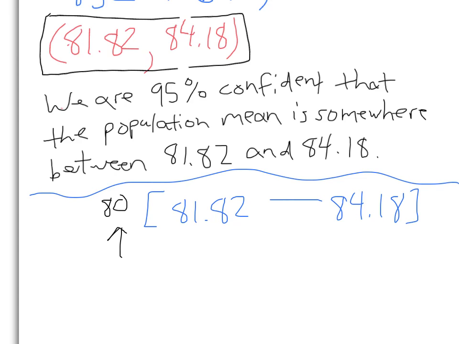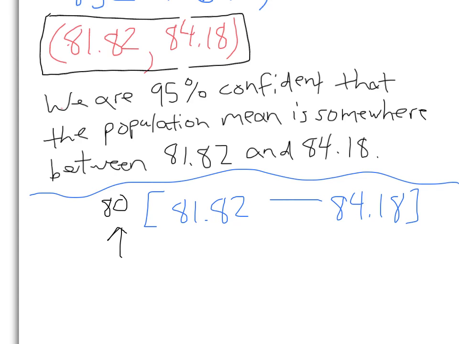And the cool thing about it is if we use the confidence interval, not only do we know it's not 80, we also know what side of 80 it's on. We know it's greater than 80 because the lowest it could be is 81.82. If we just did the hypothesis test the normal way, we'd say no, it doesn't look like it should be 80.